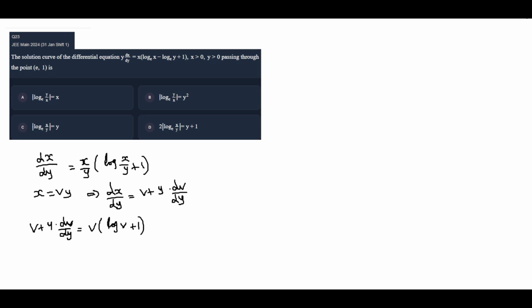If you cancel v on both sides, you get the reduced form as y into dv by dy equal to v log v.